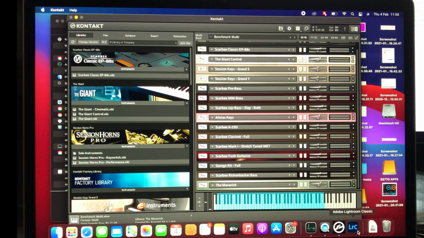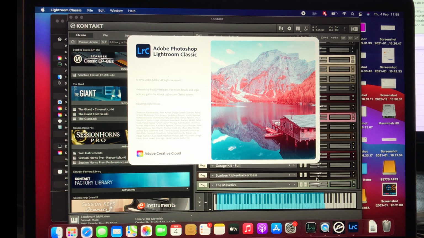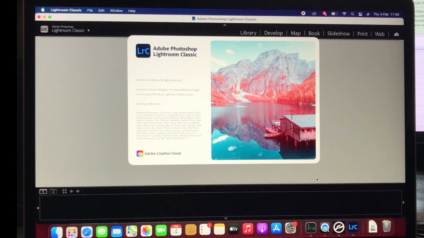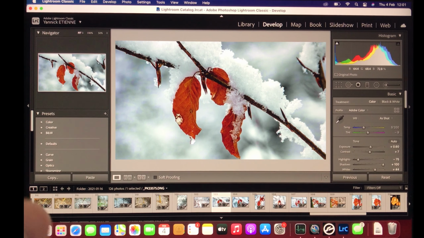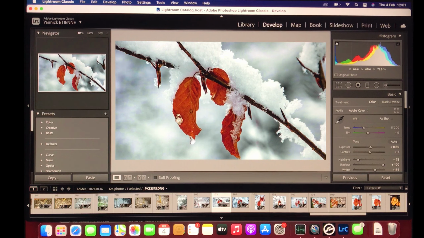Let's even stress more and start Lightroom to see what's happening to the system, because Lightroom is known also to be very memory intensive. Okay, so now we have loaded also Lightroom, and here we start to see how slow the whole system is.